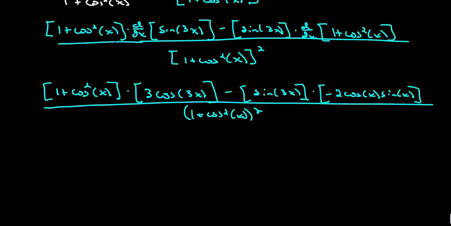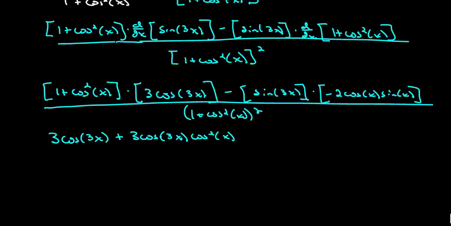So let's go ahead and continue on here. I'm going to just multiply and simplify this here. So this right here in the front gives me 3 cosine 3x plus 3 cosine 3x times cosine squared x.